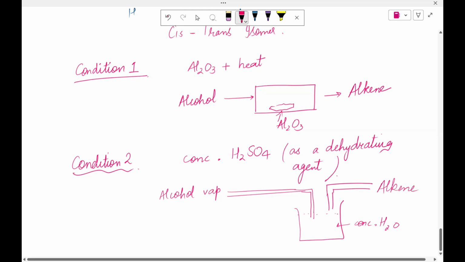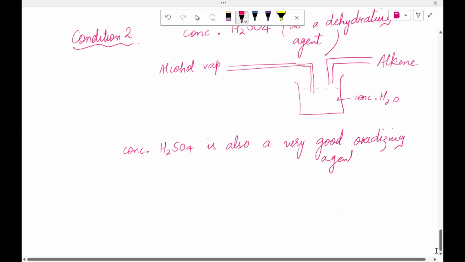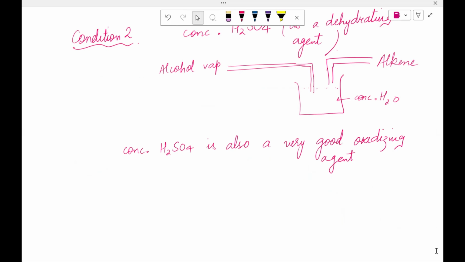Is that clear? But remember one thing: this concentrated sulfuric acid is also a very good oxidizing agent. Oxidizing agent means that it basically oxidizes other substances. So some alcohol can be oxidized, so the alkene can be contaminated by acid.